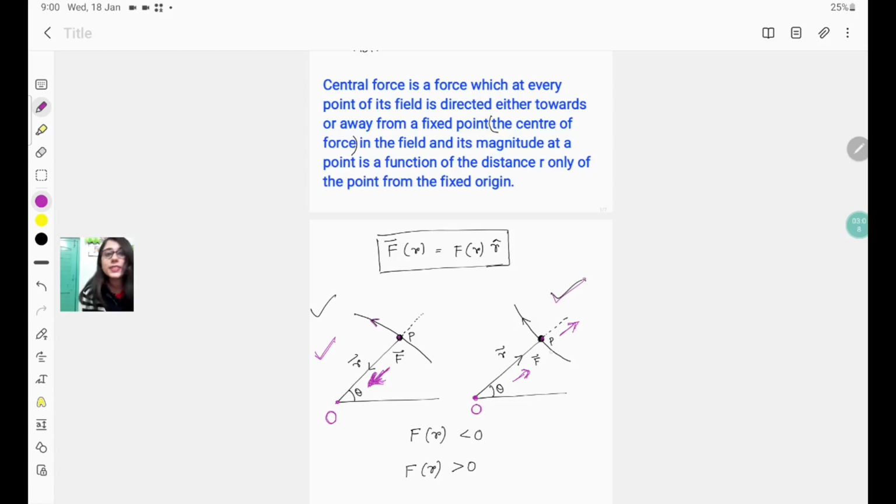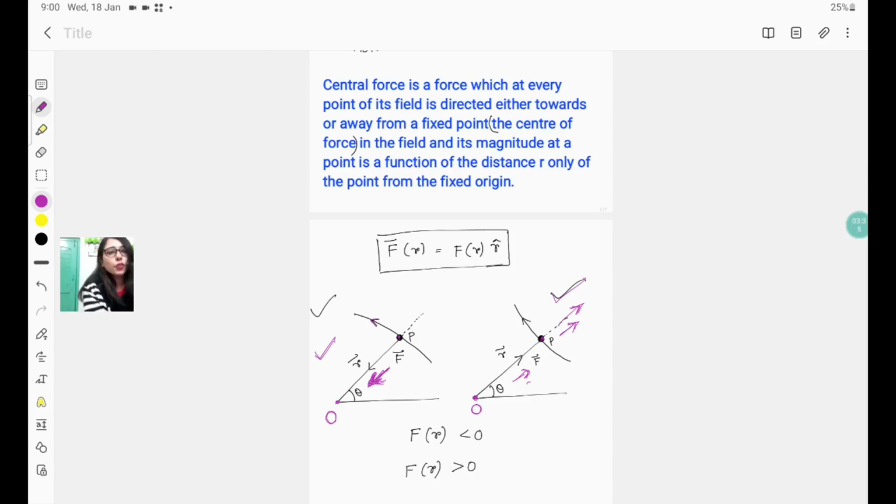This force is repulsive in nature, because it is acting along the line joining O and P, but in this direction, that is away from the fixed point. So this one is a repulsive force. In the first scenario, the force F is a central force, and the second force is also a central force.